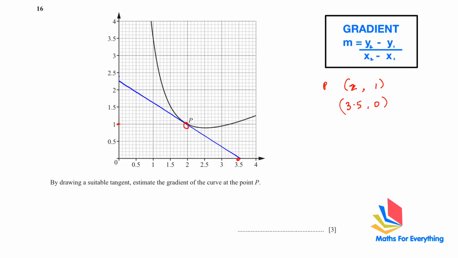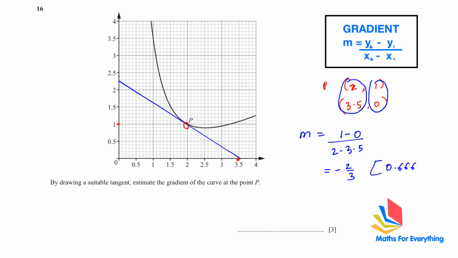Now using the equation of the gradient, y2 minus y1. So just write like that, 1 minus 0 over 2 minus 3.5. That's it. Now put it in the calculator and you will get the answer negative 2/3, which in a decimal point is 0.666, it's recurring.